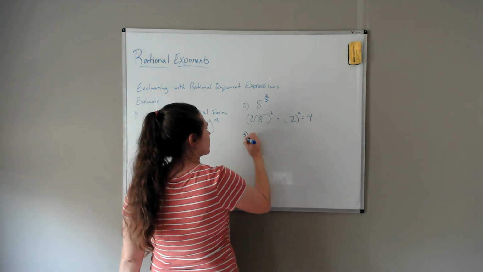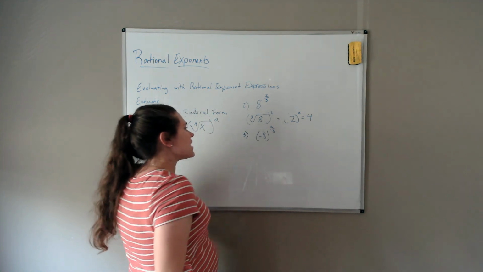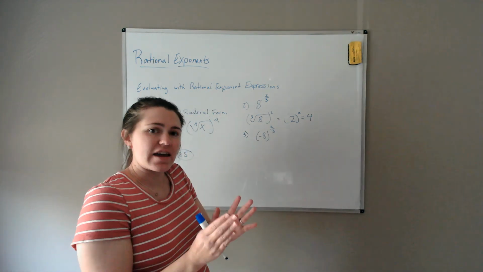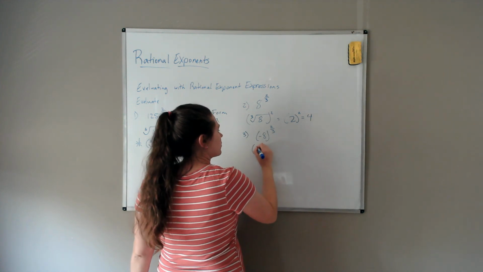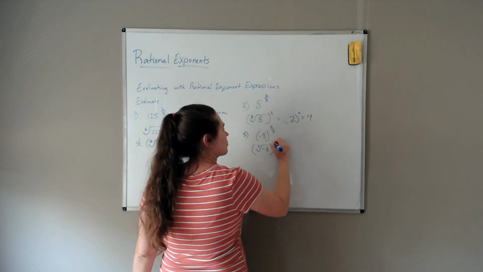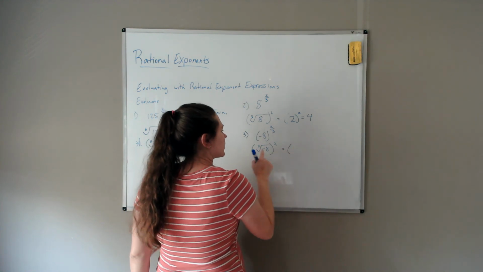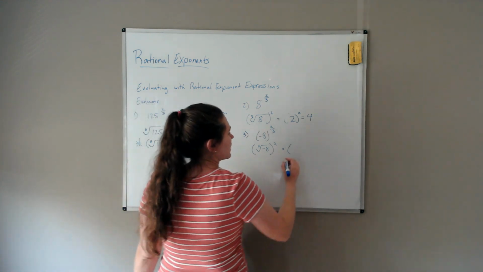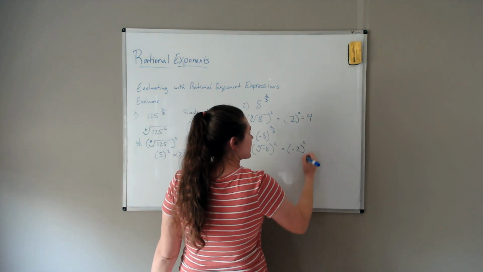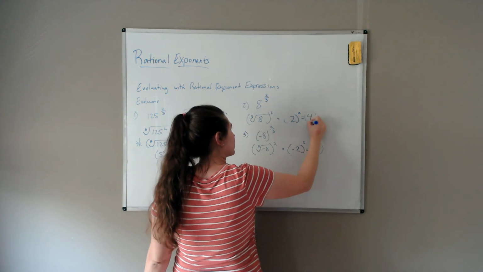Number 3 says take -8 and raise it to the 2/3. So this would be the cube root of -8 raised to the second power. Can you take the cube root of a negative number? Yes. The cube root of -8 is -2. -2 raised to the second power is 4.